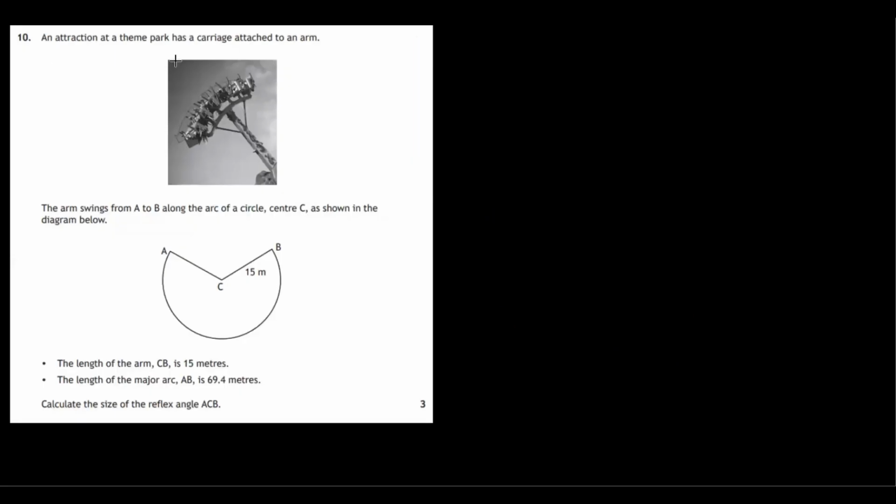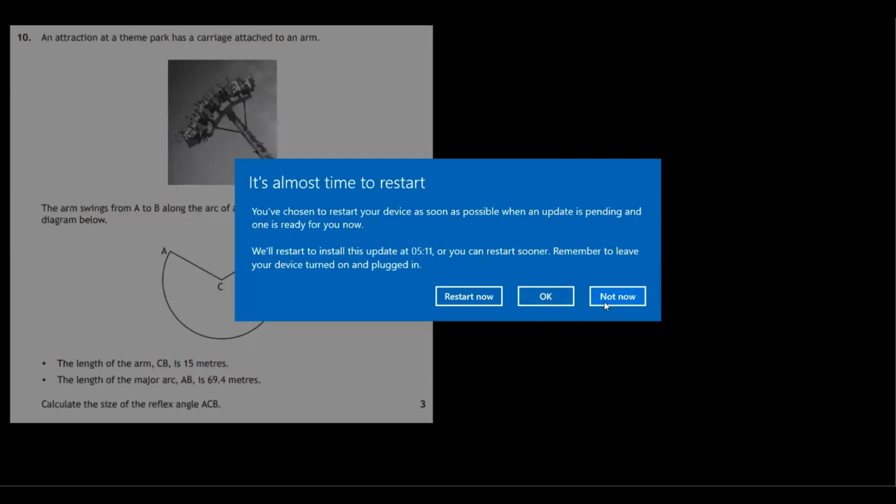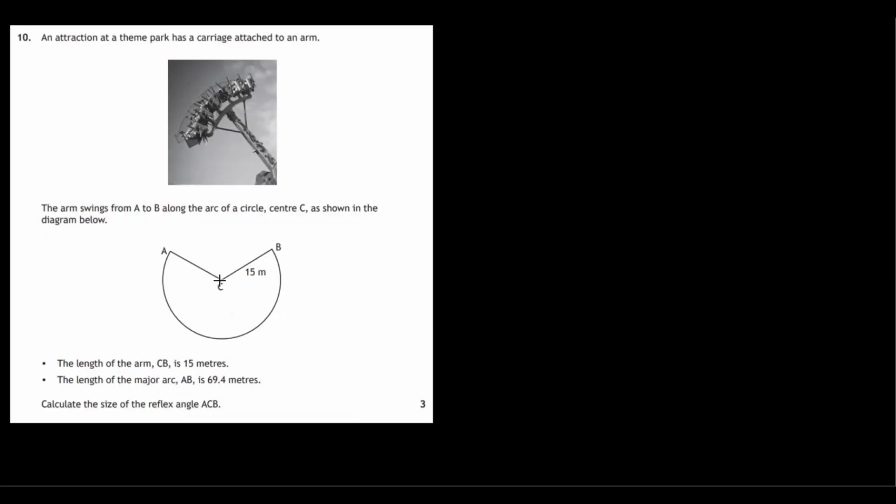An attraction at a theme park has a carriage attached to an arm. The arm swings from A to B along the arc of a circle, center C, as shown in the diagram. Calculate the size of the reflex angle ACB. So the reflex angle would just be this angle over here.